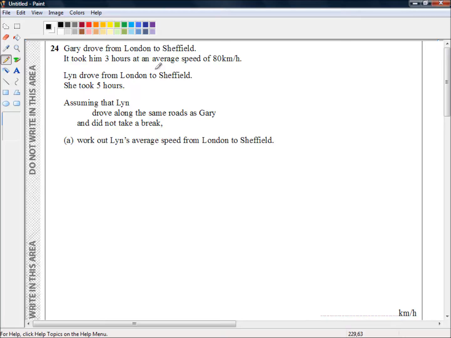So 3 hours times 80 kilometers per hour is equal to 240 kilometers. That's fairly straightforward. 3 times 8 is 24 times 10, 240 kilometers.